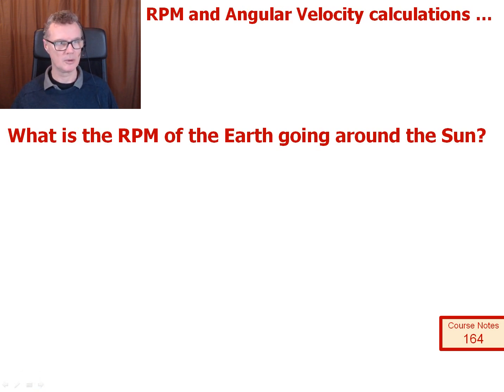Right. So we go around the Sun once every year. So we do one revolution once every year. Does that tell us how you can solve that problem?